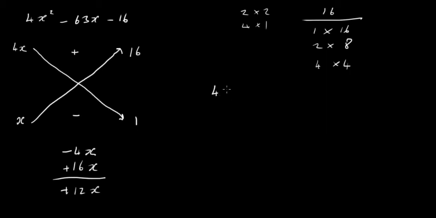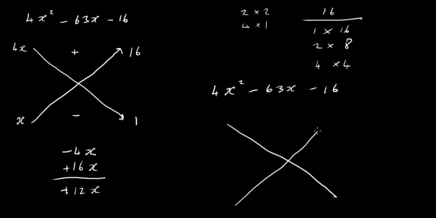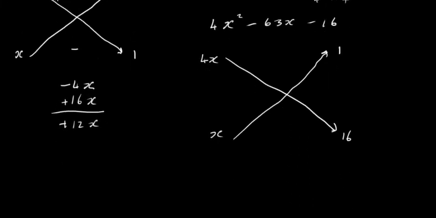So I'll write the quadratic trinomial down first. 4x squared minus 63x minus 16. So we'll do our big X again here. Put in the arrows. So I'm going to stick with 4x times x on this side. And now I'm just going to switch around. I'm going to put a 1 here and a 16 here. So let's see how this works.